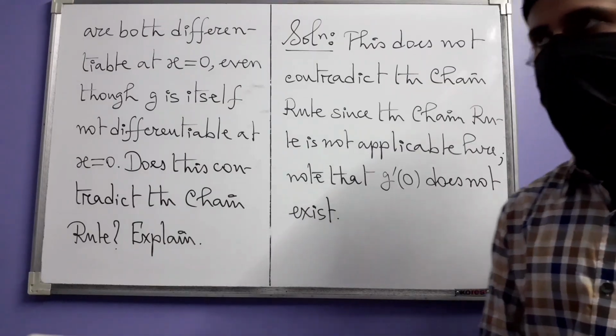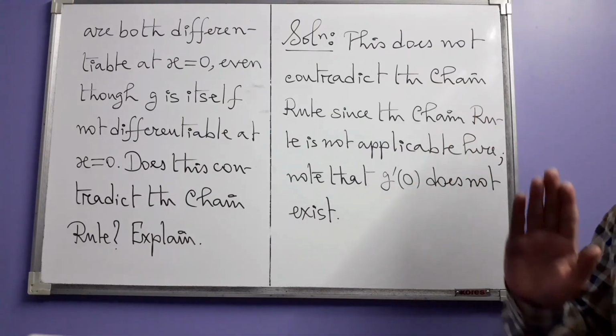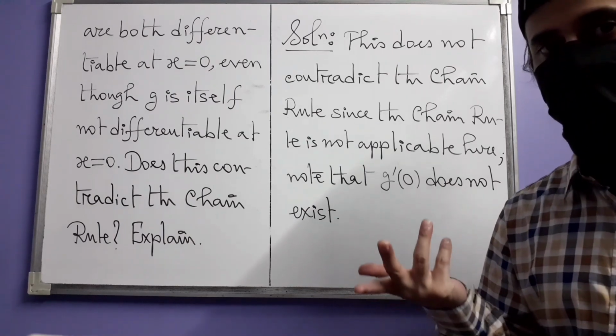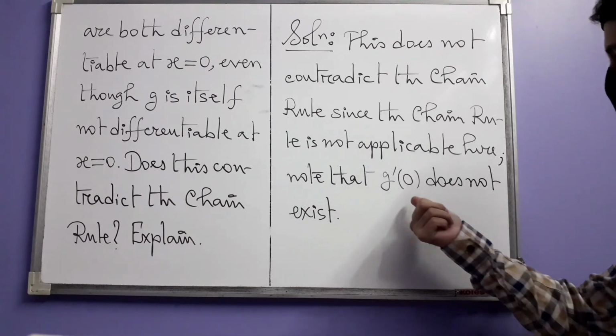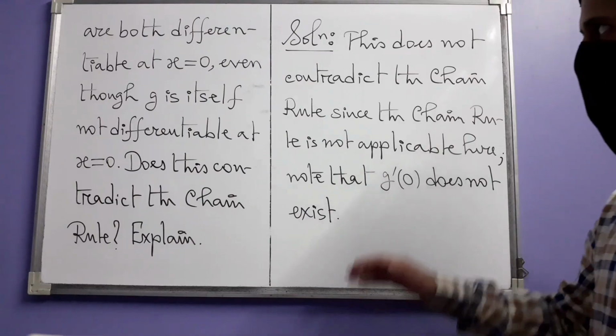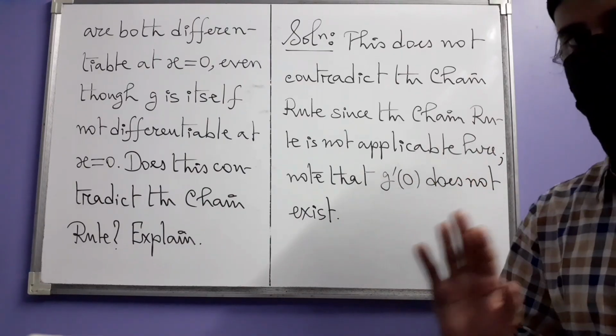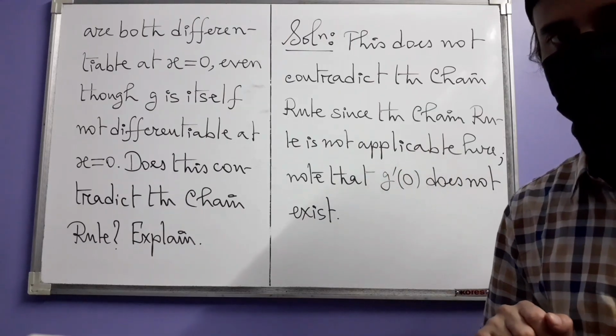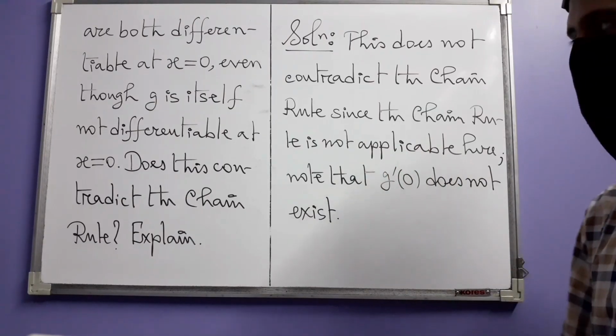And the answer is that no, the chain rule is not contradicted here, because we cannot apply the chain rule here in the first place, and that is because g is not differentiable at 0. So this is the formal answer. But let's look a bit more closely at exactly what is going on.